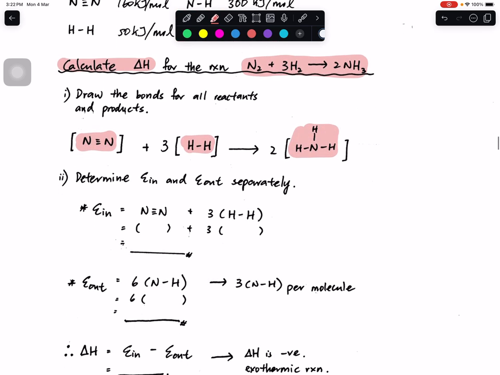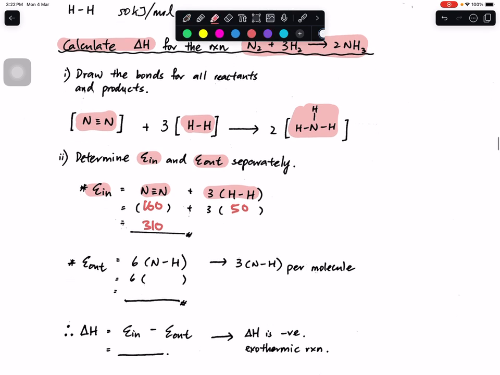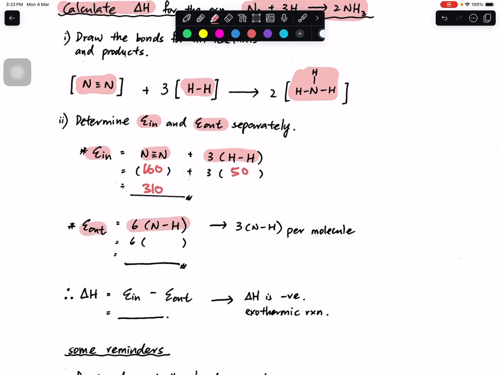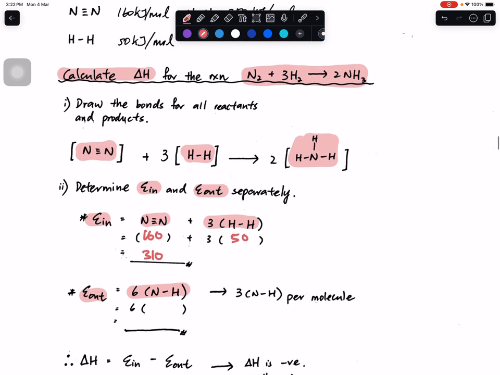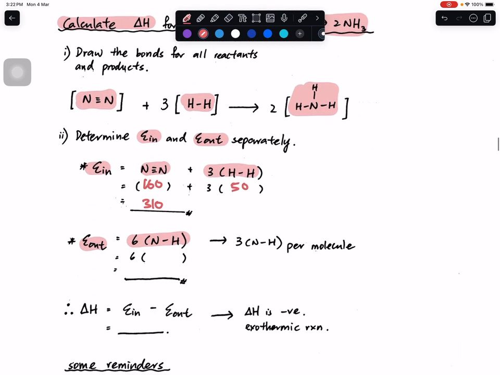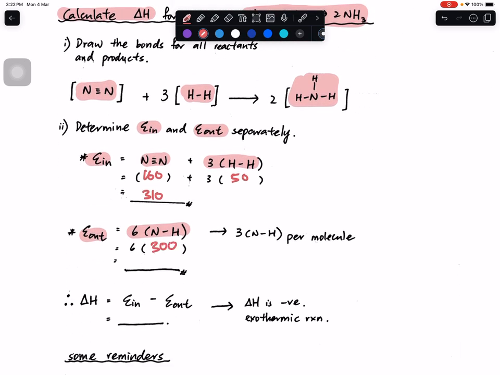Now you will calculate your E in and your E out. For E in, you break this and this. Key in the values: you will have 160 and 50, so you get about 310. For your E out, you will have 6 N-H bonds, so you take 6 times 300, which arrives at 1800.